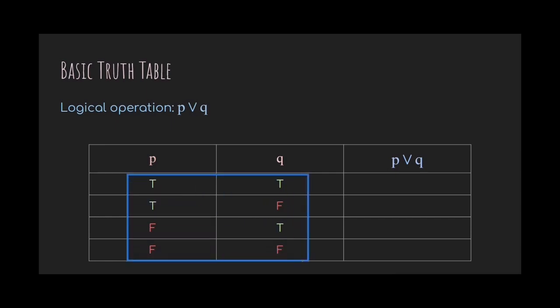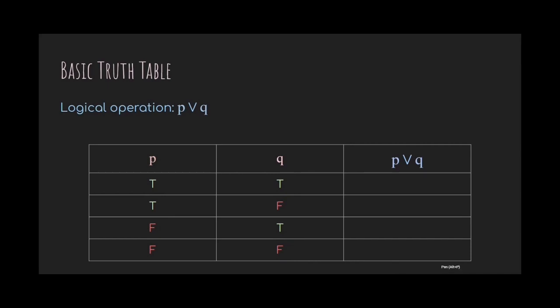If we had a third proposition, this would be 8 rows long. But since we only have two, we have true, true, false, false, true, false, true, false. This is the setup for a truth table for two propositions.